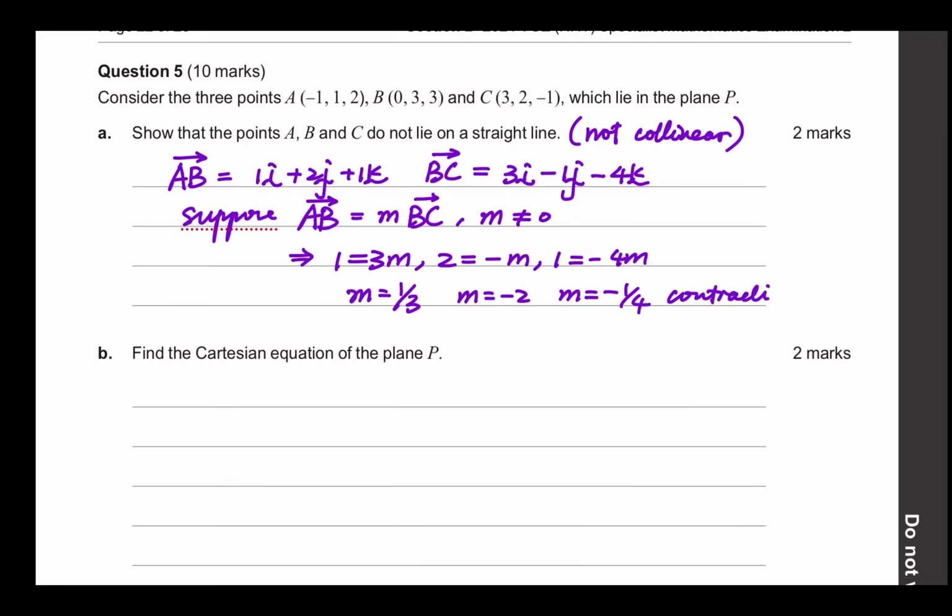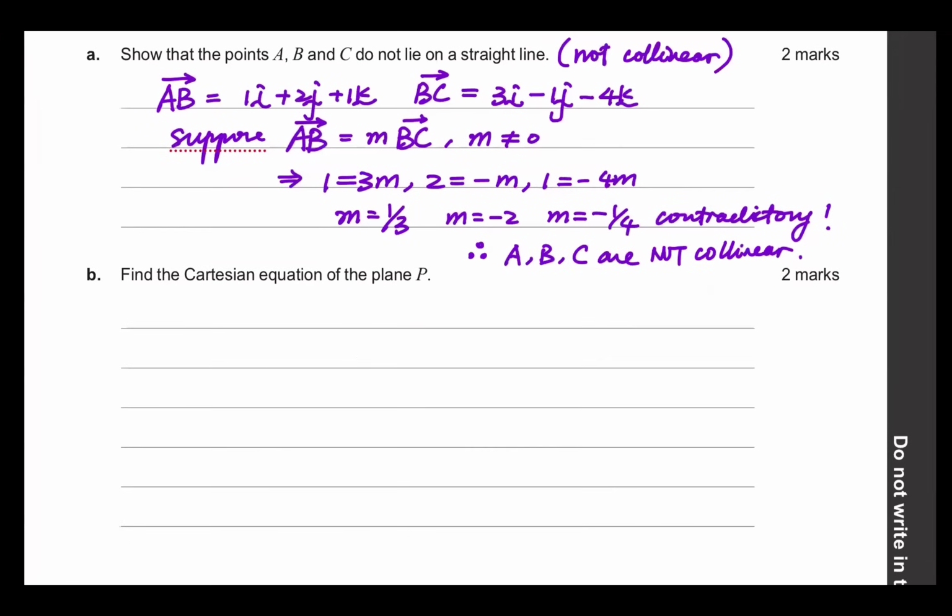Contradiction. Therefore, A, B, C are not collinear. The key to this question is to establish a contradiction.